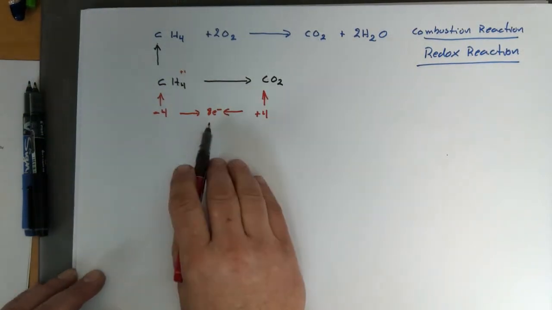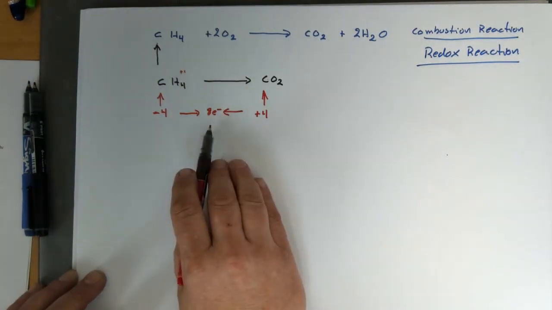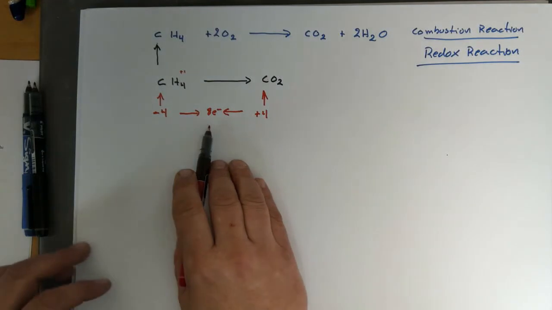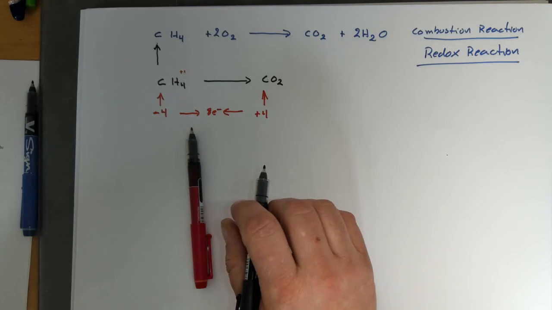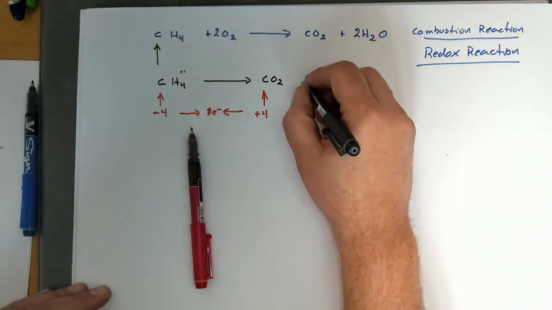Which means that 8 electrons have moved around. And as I said before, if the oxidation number increases, then it's an oxidation.